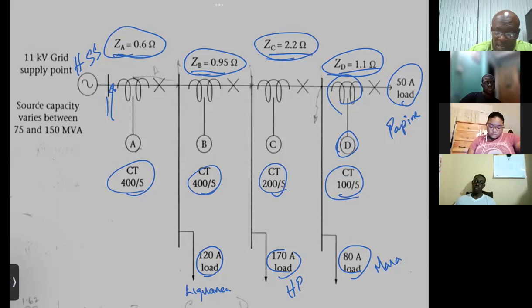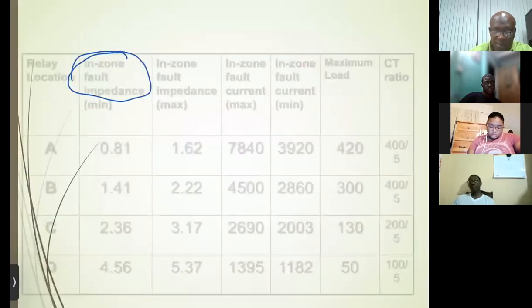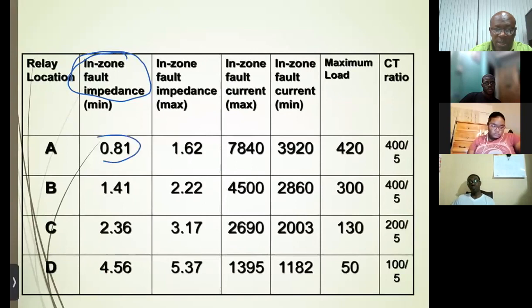So for that point, when we get the 0.81, we calculate the impedance as per the two transformers connected in parallel. So the voltage there is 11K.